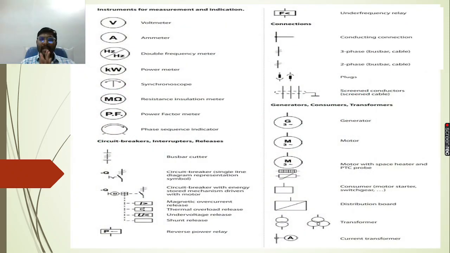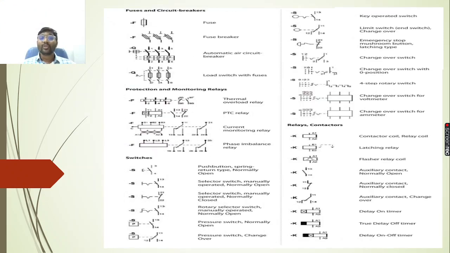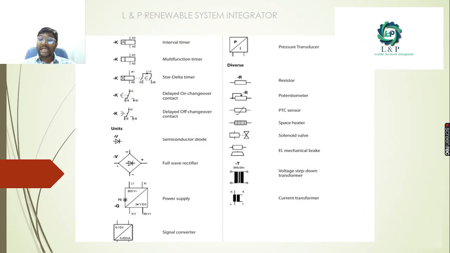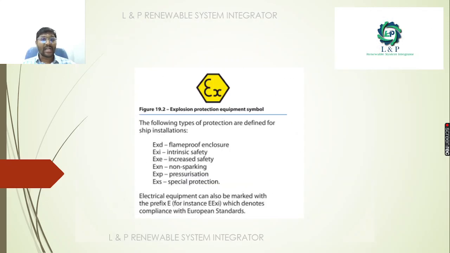In our discussions we might be using many symbols and abbreviations for representing instruments for measurement and indication, circuit breakers, connections, generators, transformers, fuses, protection and monitoring relays, switches, contactors, units, and drivers. These are the following types of protection in the ship instrument.